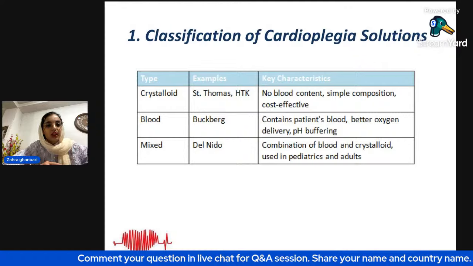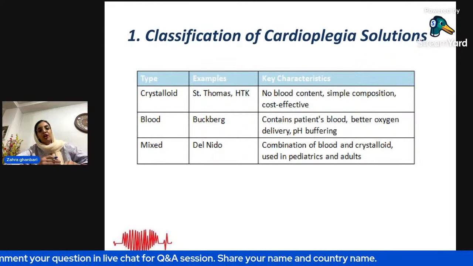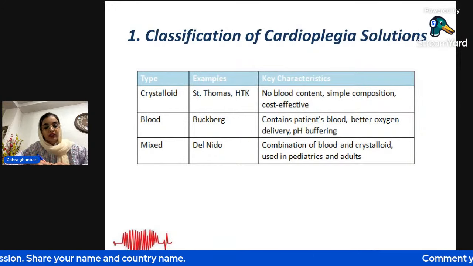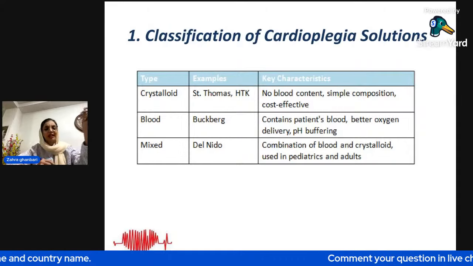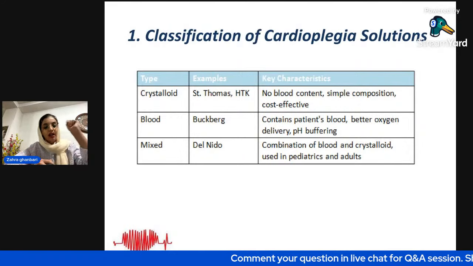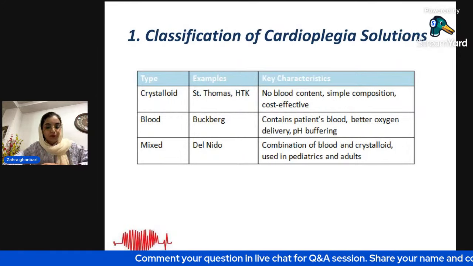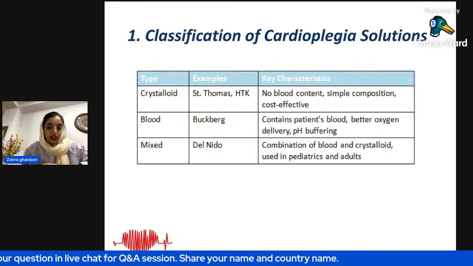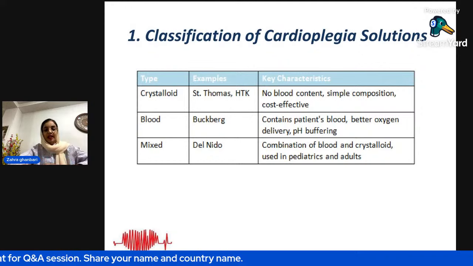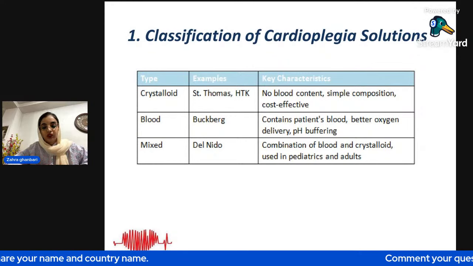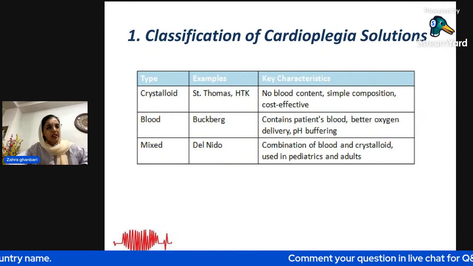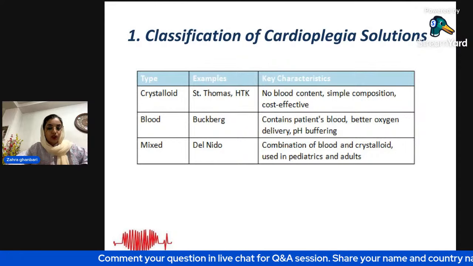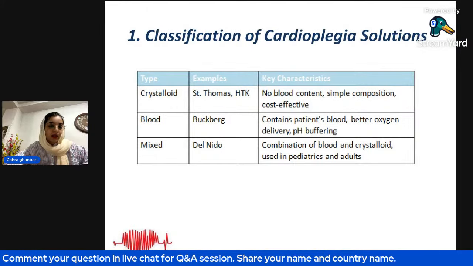Another type is blood cardioplegia, a mixture of the patient's oxygenated blood and crystalloid solution, usually in a 4:1 ratio, or 8:1. Advantages of blood cardioplegia are that it provides oxygen and metabolic support during arrest, better buffering capacity and osmotic balance, and reduces myocardial edema and ischemic injury.